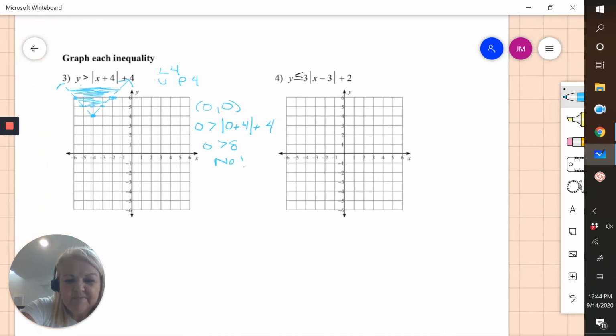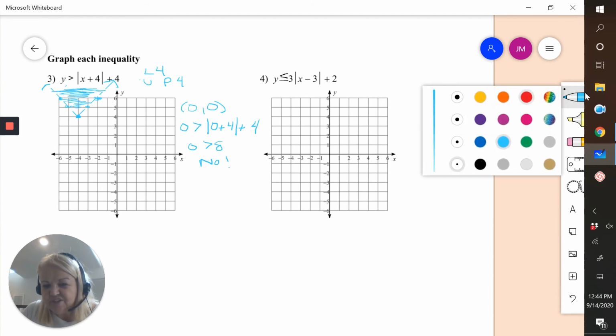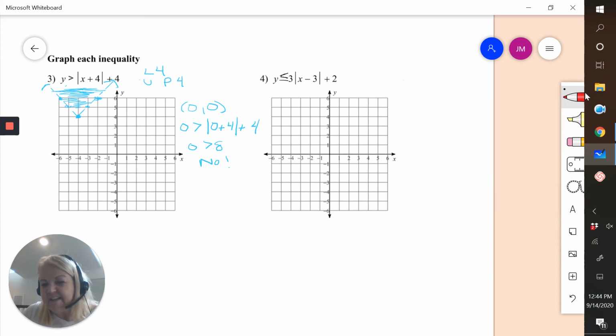Okay, one more. I'm going to show you again the trick with the stretch. Okay, so how does this differ with the parent graph? It's going to go right 3 because I have a minus 3. Okay, and it's going to go up by 2.